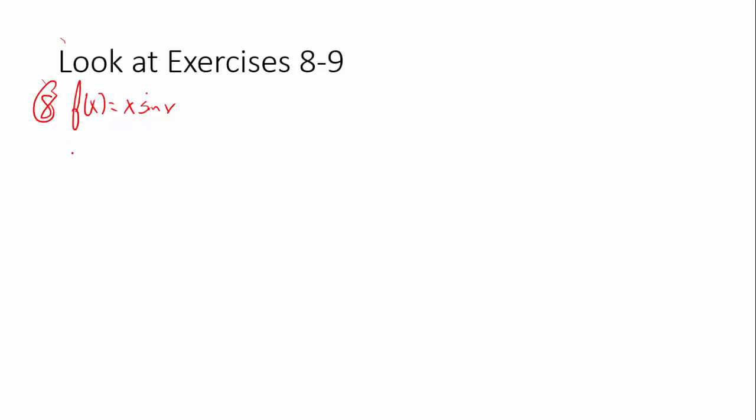First, I would say x is continuous. We know that because of earlier in the section, we know that a linear function like that is going to be continuous. We also know that sine x is continuous, and that is going to be from our list. I believe it is theorem 2.